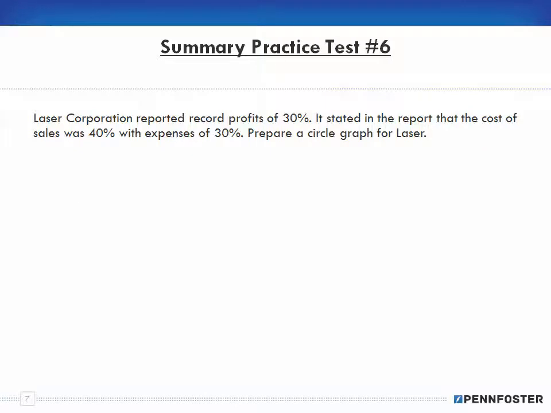Okay, it says Laser Corporation reported record profits of 30%. It's stated in the report that the cost of sales was 40% with expenses of 30%. Prepare a circle graph for Laser.